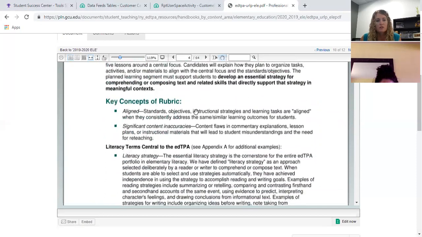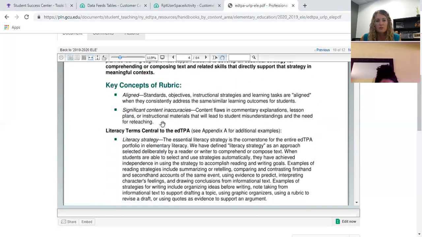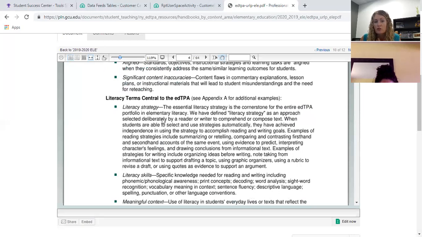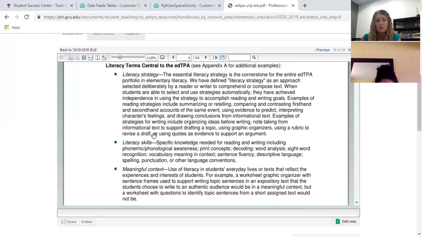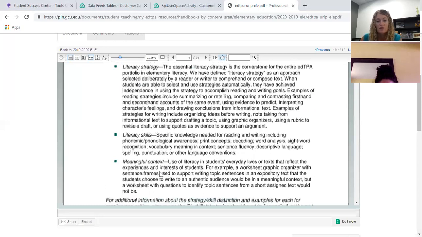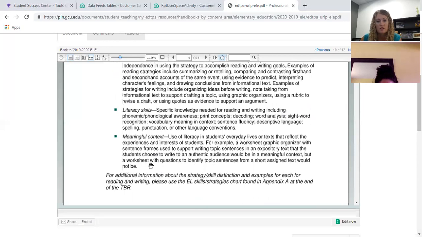If you go into rubric 1, it talks about the concepts of the rubric, the literacy terms that are central to meeting this rubric 1. Make sure you understand what these words are, because these are in the instructions, and you need to make sure that you're meeting these expectations.